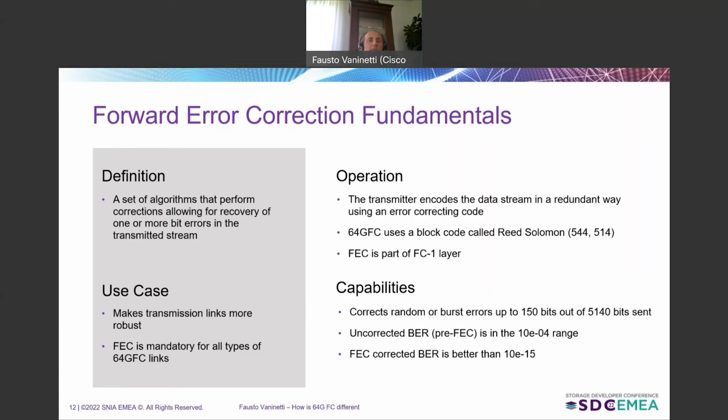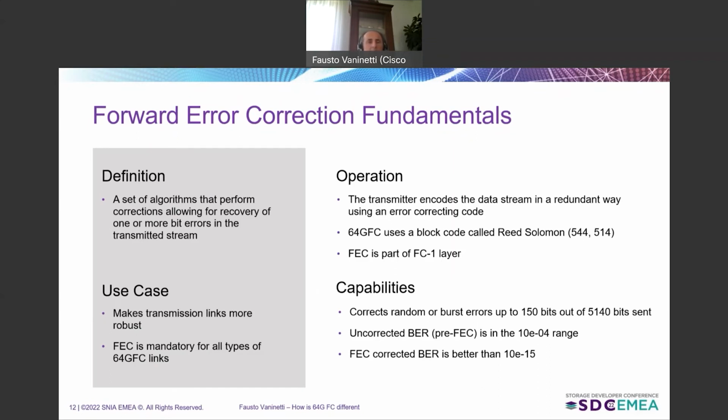Reed-Solomon has created a very nice model for forward error correction. It delivers great correction capabilities without introducing a lot of latency. If we focus on 64 gig Fibre Channel, for example, the Reed-Solomon scheme that was adopted can correct up to 150 errored bits out of 5,140 bits transmitted.